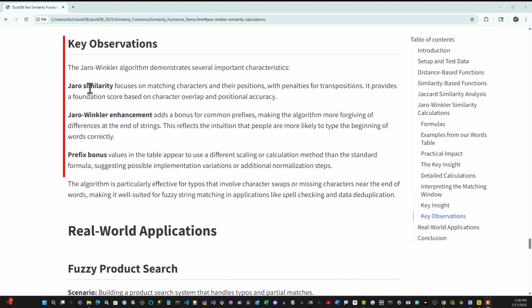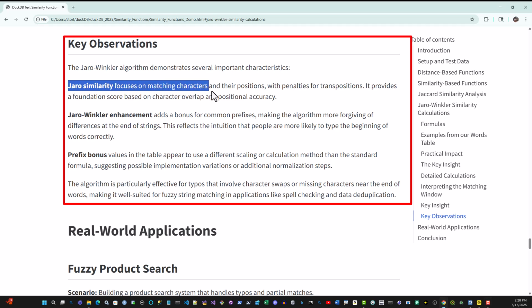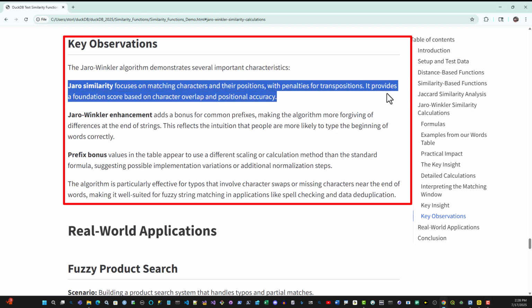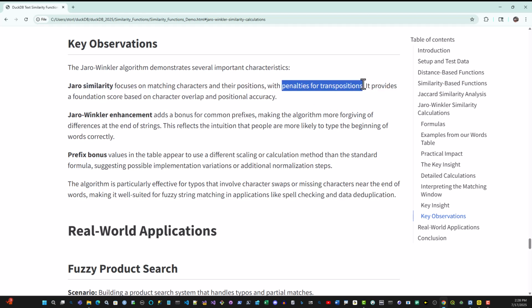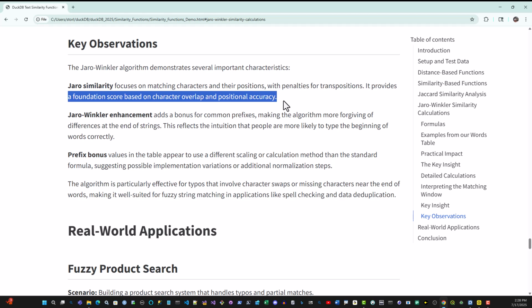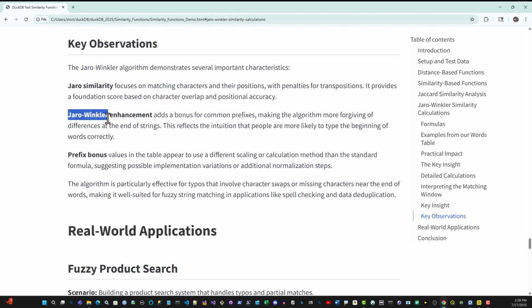So what are the key observations? There are a couple of them. For example, the Jaro similarity focuses on matching characters and their positions, with penalties for transpositions. So it's penalized if you switch the letters. It provides a foundation score based on character overlap and positional accuracy. And the Jaro-Winkler enhancement adds a bonus for common prefixes.